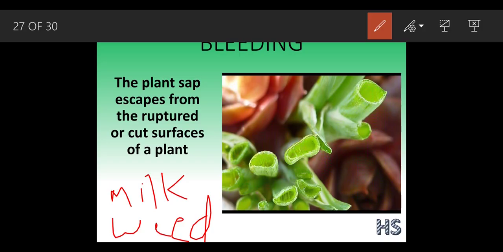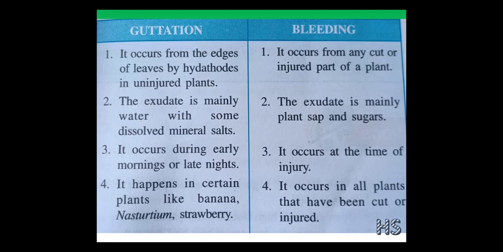The bleeding inside the plant is not red in color, it is quite whitish. If you see the videos of milkweed, you will understand this part. This bleeding condition is a very slow process and occurs in fewer plants only. So there is a difference between guttation and bleeding.